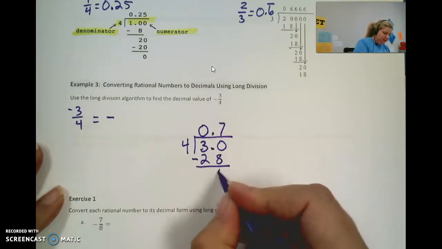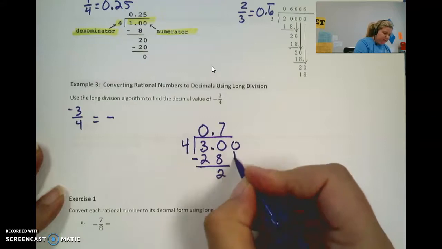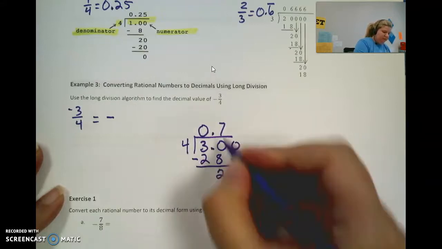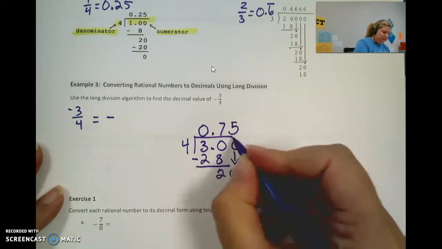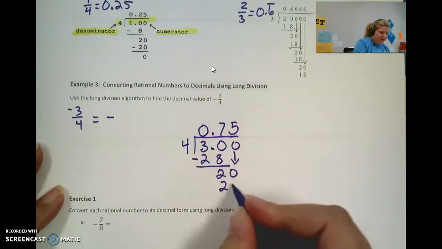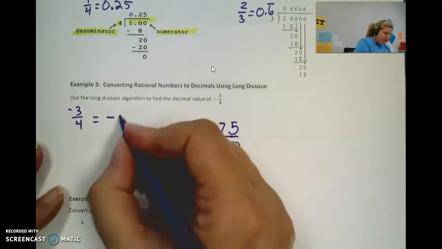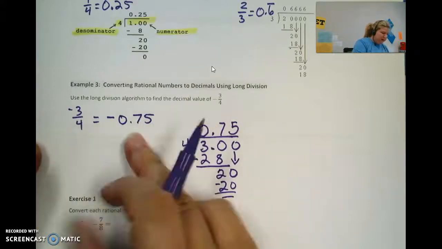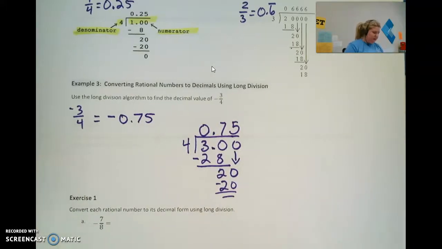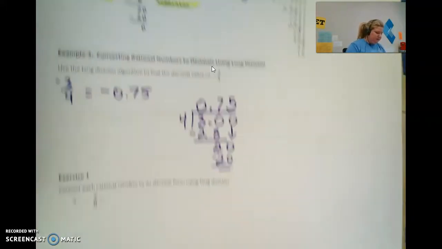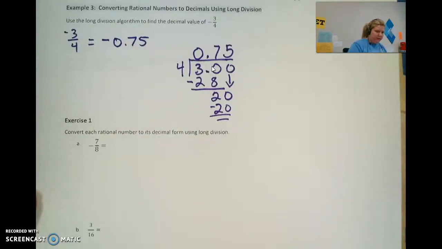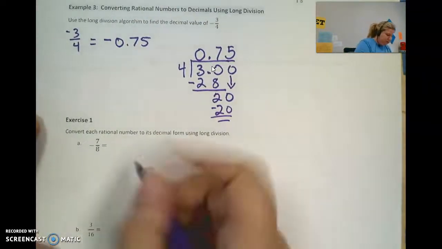Subtract that. 2. Bring down a 0. How many groups of 4 are in 20? 5, because 5 times 4 is 20. And this is my end result. So you're going to do each of these using long division. Go ahead and do this one with you.